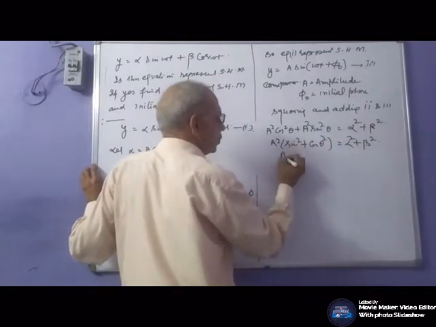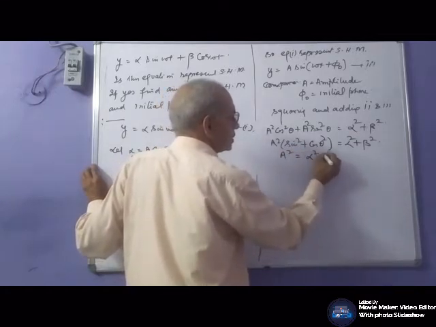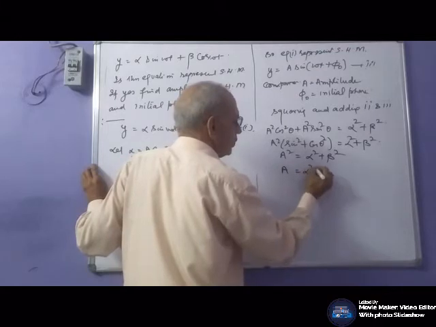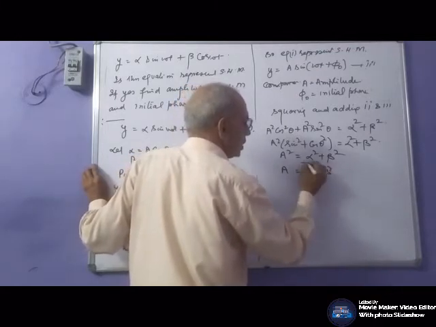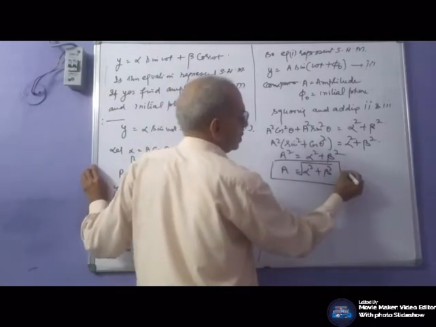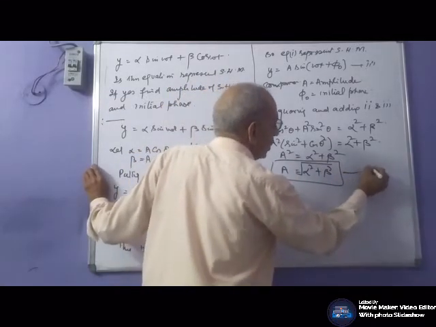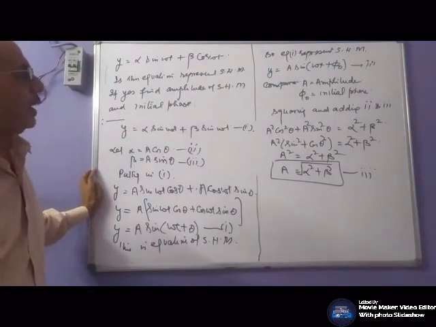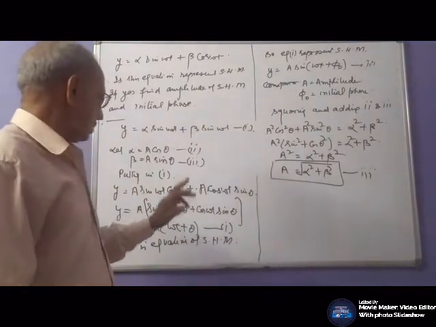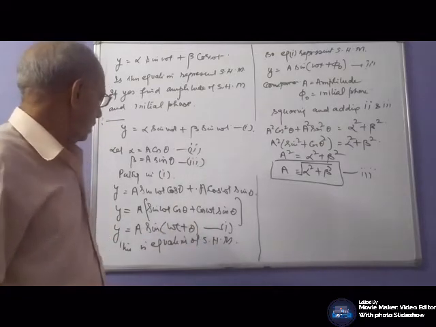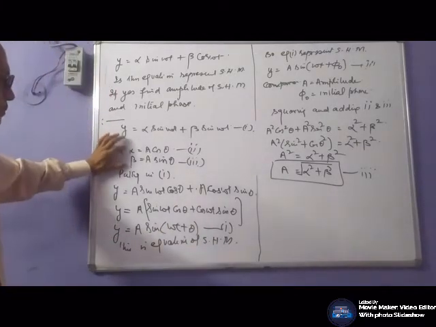So A is the square root of alpha square plus beta square. We have found the amplitude. Initial phase phi naught is theta. How to find theta? Look.